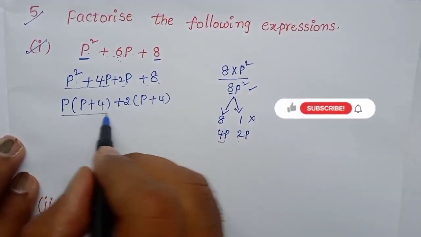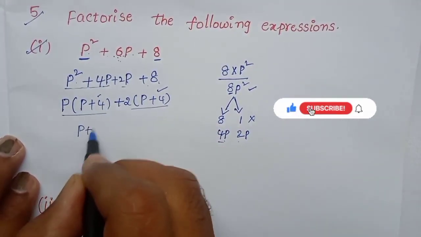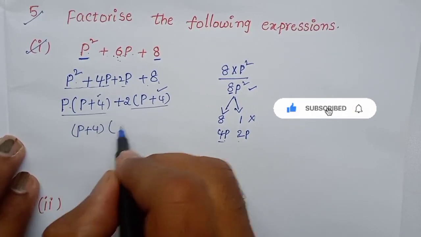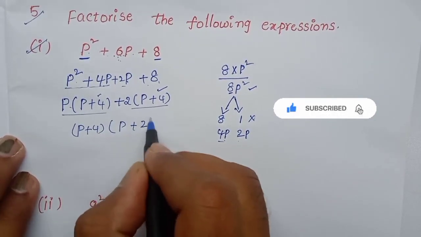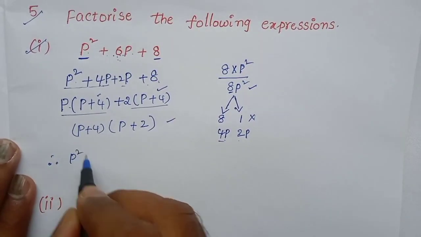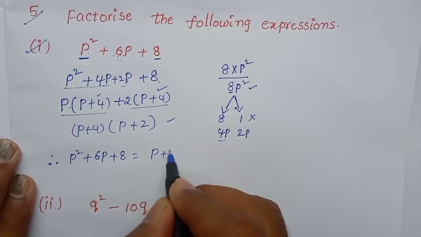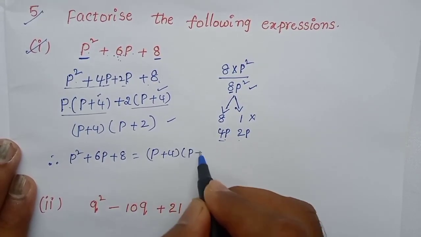In both the terms you have p plus 4 as common. Then taking p plus 4 as common, you get p plus 2. So this is the factorization. Therefore you can write p square plus 6p plus 8 is equal to (p plus 4) into (p plus 2).